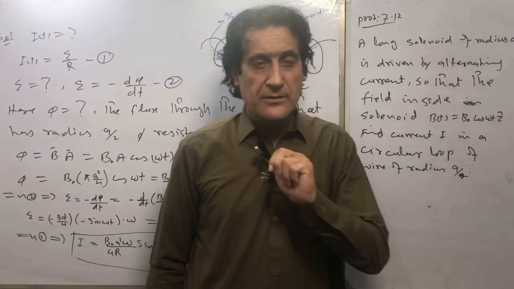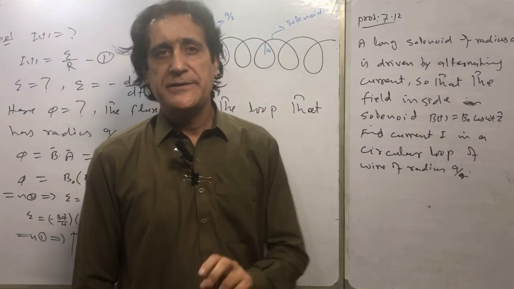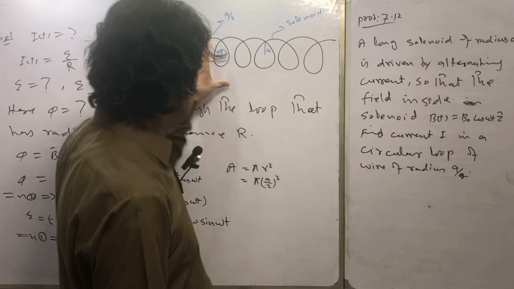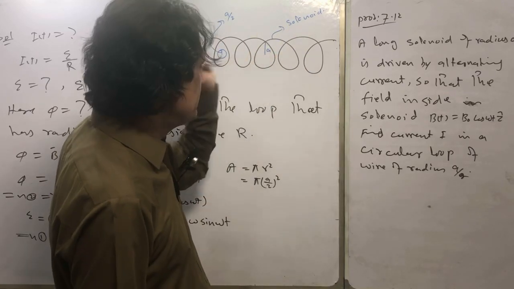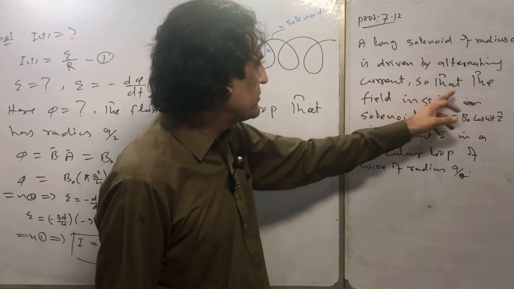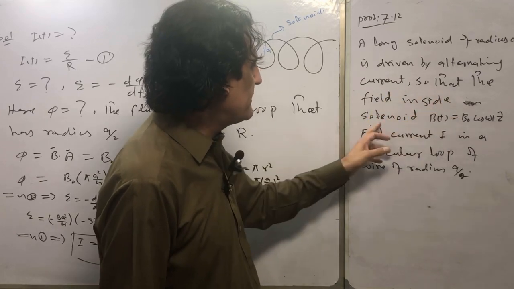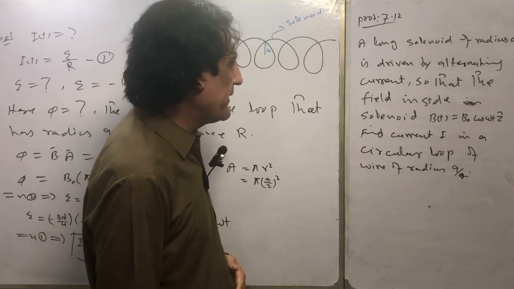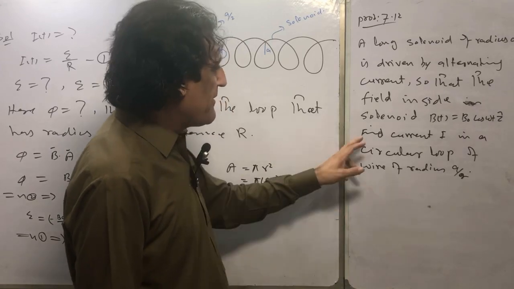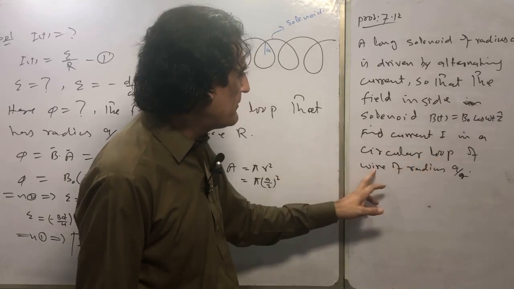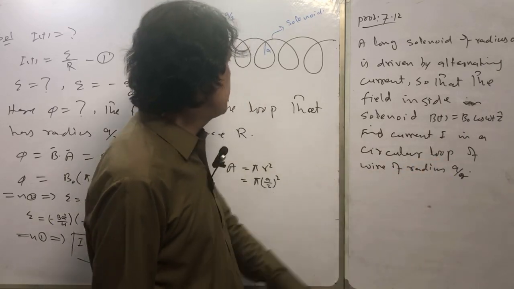The problem number 7.12 states that a long solenoid of radius a is driven by alternating current so that the field inside the solenoid is B equal to B naught cos omega t. Find the current in a circular loop of wire of radius a divided by 2.